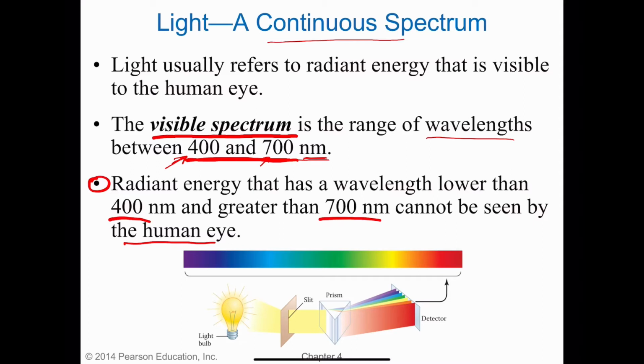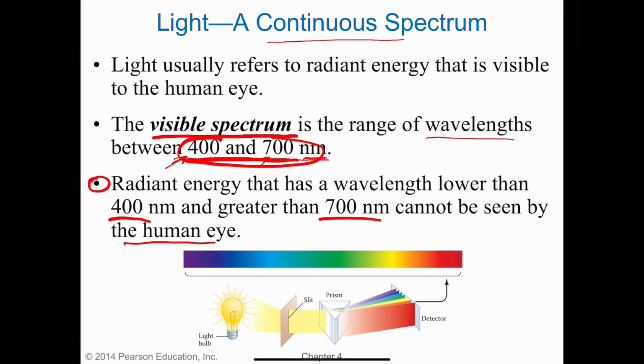And then when you get on the other side of the spectrum, the ultraviolet, you have things like X-rays and gamma rays. All of those are more energetic than the violet. But just within this very narrow band of 400 to 700, that's the visible. That's just what our eyes can see.